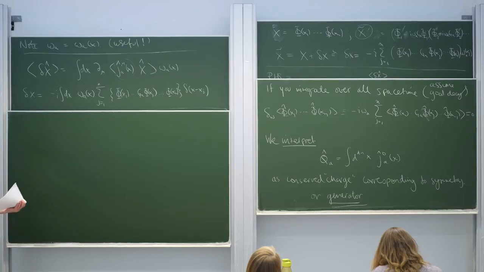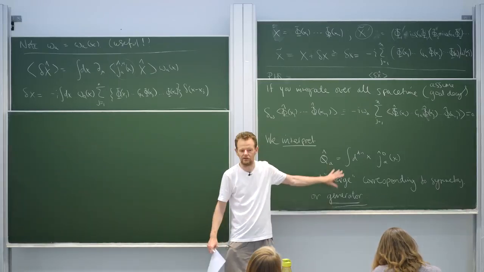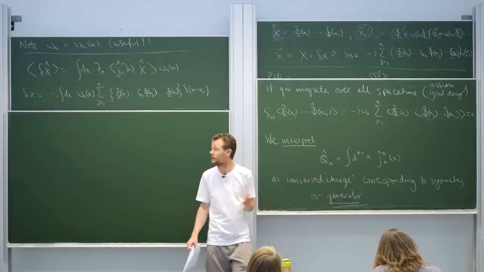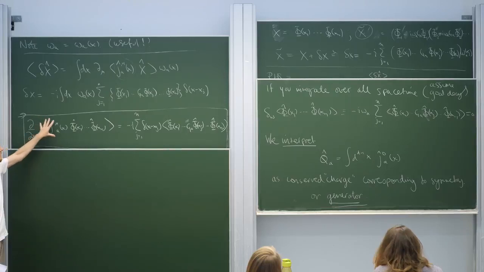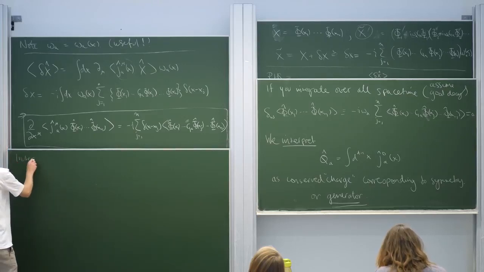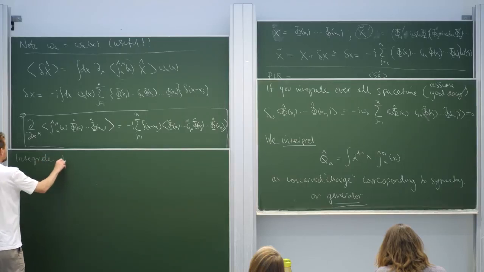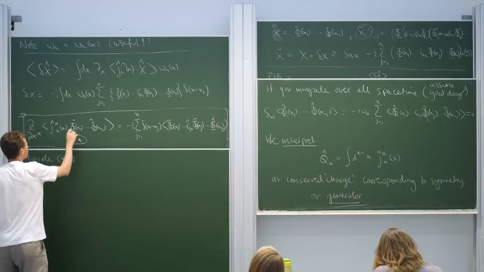Now, there's one other observation that enhances this interpretation here. And that is, if we take the Ward identity that we've got written out here, and we integrate it not over all space-time, but over a little thin box. So we'll call this star star.